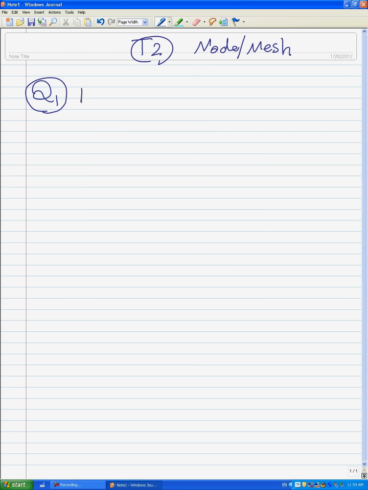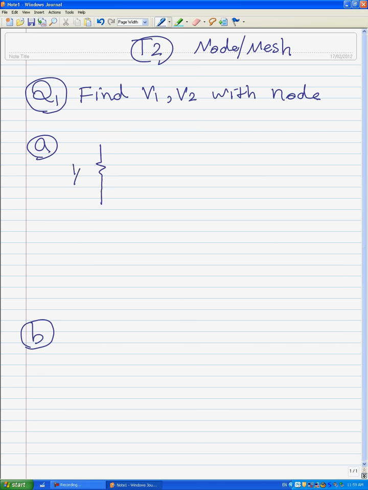In this question, we want to find out V1 and V2 using node scheme in two parts, part A and part B. The circuit for part A is like this.